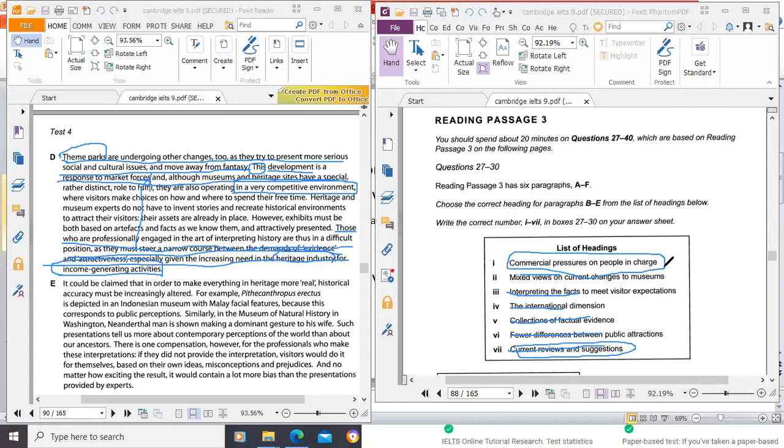Because apparently, assuming they didn't put this and they talk about changes in theme parks, you might want to choose that. But then there is a bigger picture than what is happening to theme parks. The bigger picture is that there is a response from the industry to the current situation.